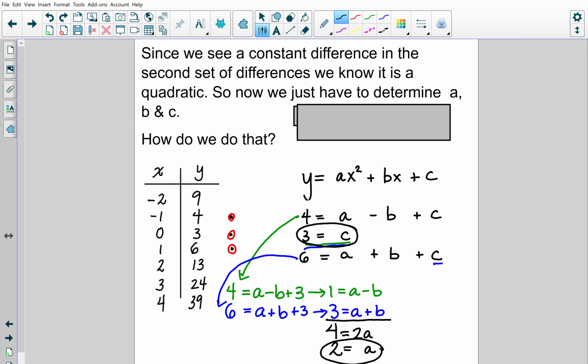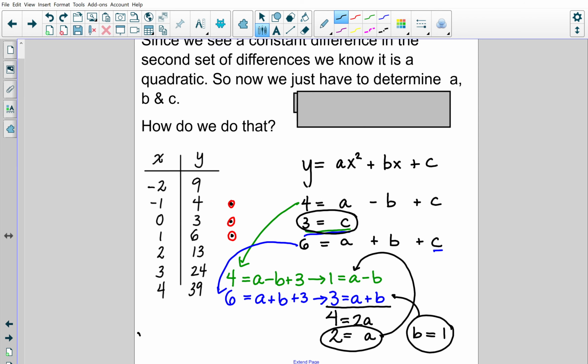So now any equation that you have a, b, and c in, you can solve for what b is. I'm going to take these and put 2 in there. If I put 2 in for a, it looks like my b value would be 1. And I check it in the second equation, and that looks pretty good.